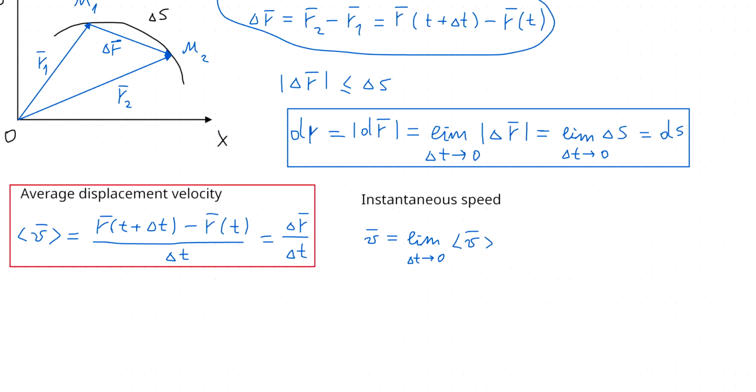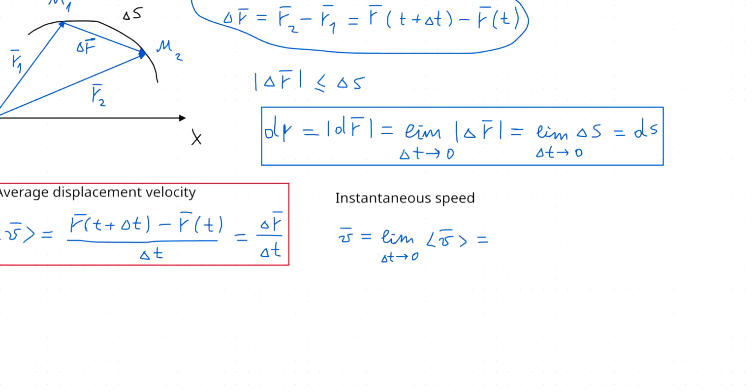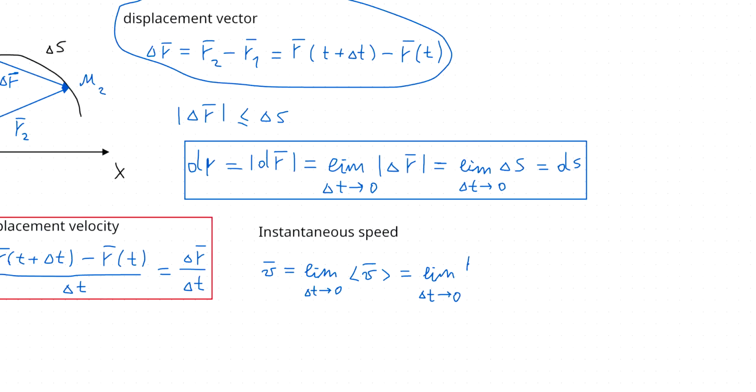Here it will be a limit, delta t tends to zero, of the increase of radius vector, r at t plus delta t minus r at time t, divided by the increase of time.